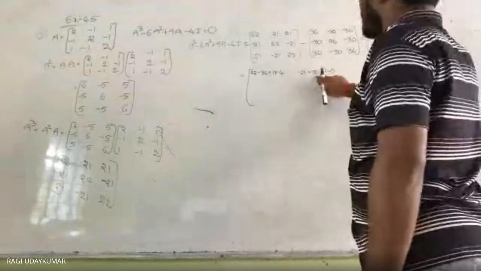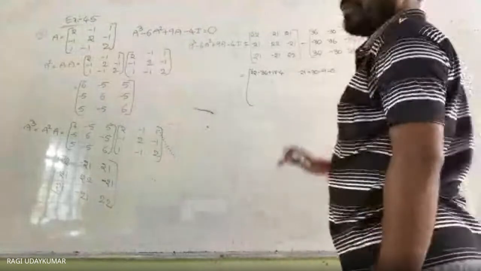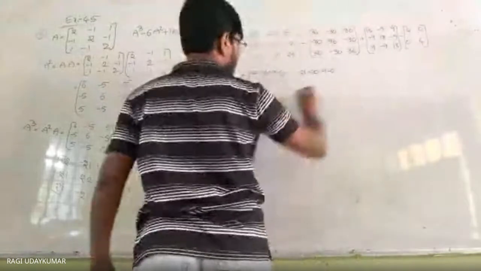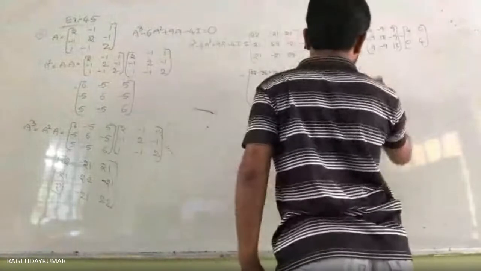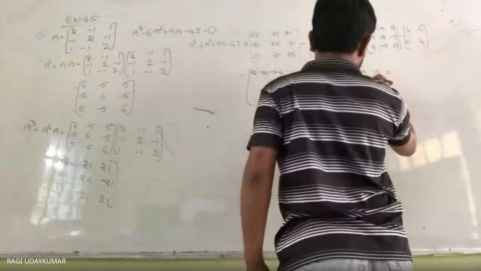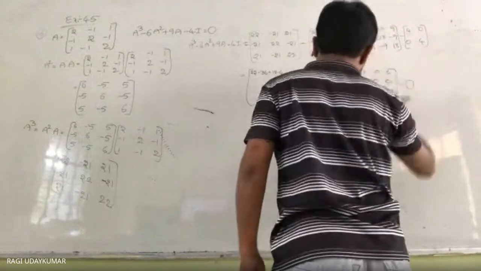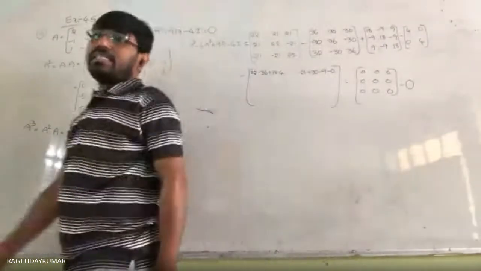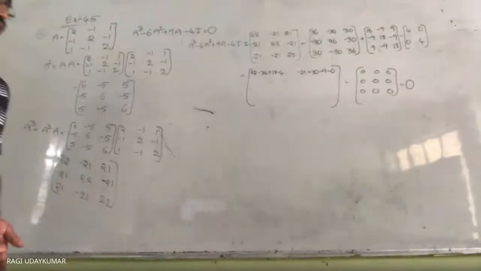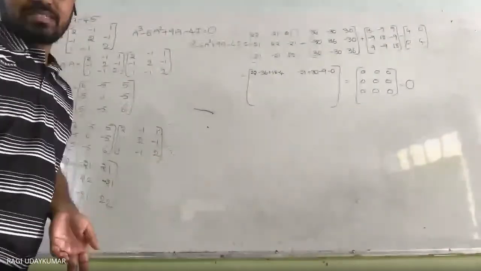In the same way, every number you find out, we are obviously going to get all zeros. So it is O. Then the question is asking you to find A inverse.